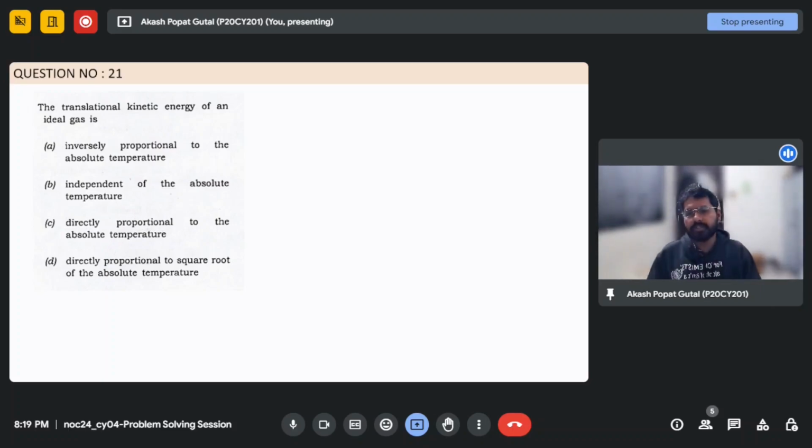Both these questions are from the geochemist exam. Any guess? Sir, it's directly proportional to the absolute temperature. So C is the right answer.